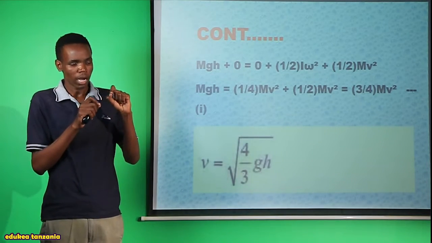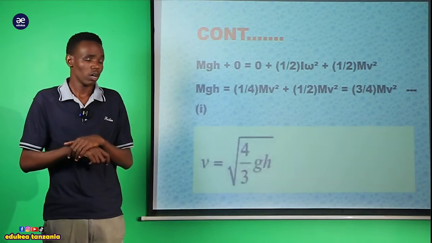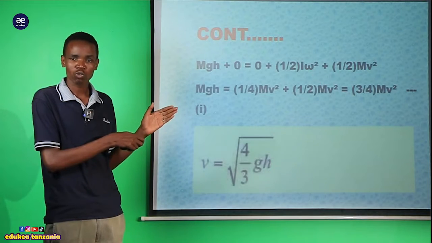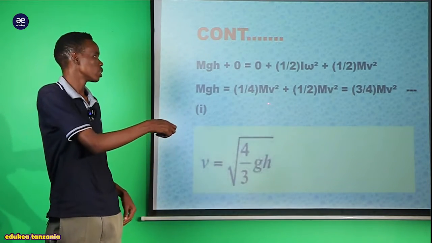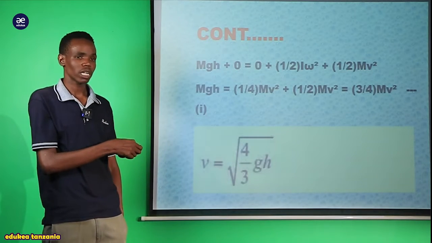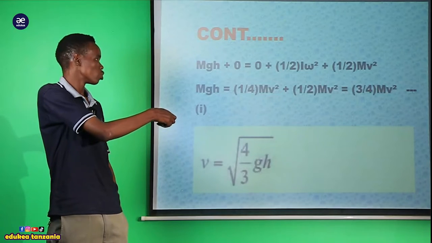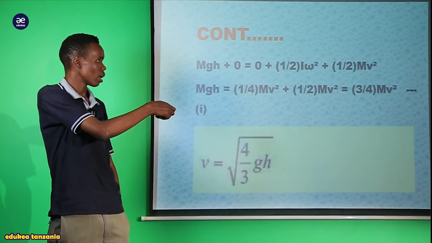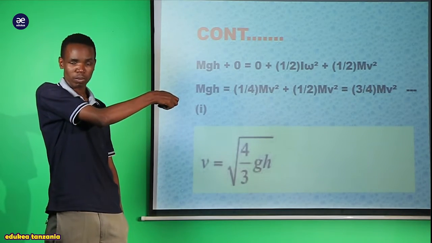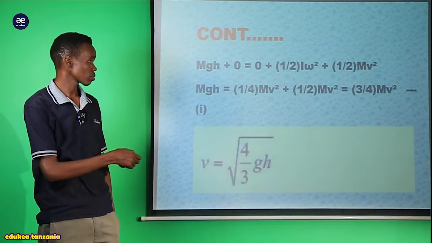But we know that r squared times ω squared must be equal to v squared. So instead of writing r squared times ω squared, we write v squared. The half we substituted for the moment of inertia should be multiplied by the half that is present here.